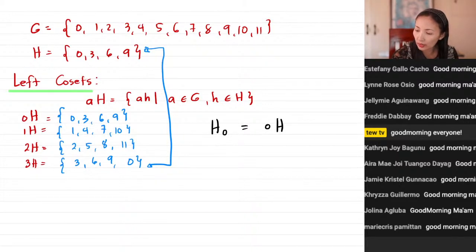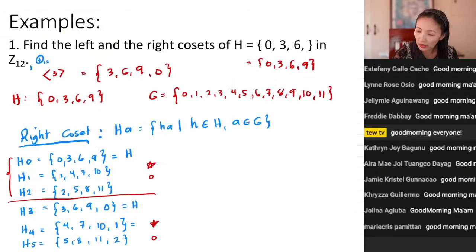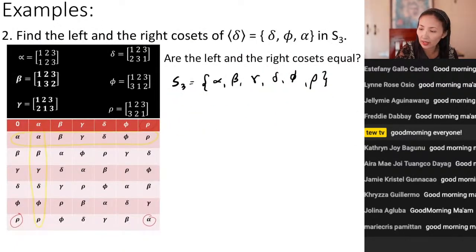Is this true with H1 and 1H? Tingnan natin. 1H is 1, 4, 7, 10. How about H1? 1, 4, 7, 10. Now, yung next kaya, pareho kaya ang left and right cosets?